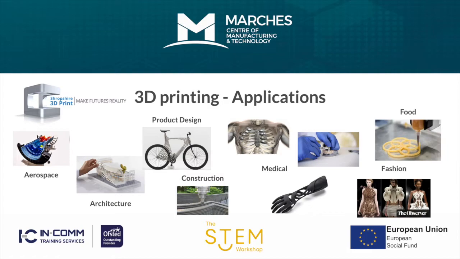It's used now quite commonly in the aerospace industry and the automotive industry to manufacture new parts or replace old parts that have become obsolete and can no longer be bought. It's also used in architecture, both for scale models, but also it is now used in real buildings.